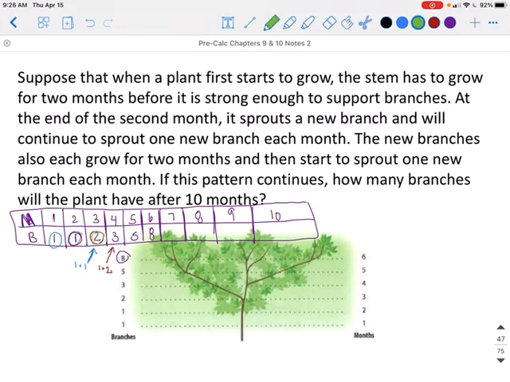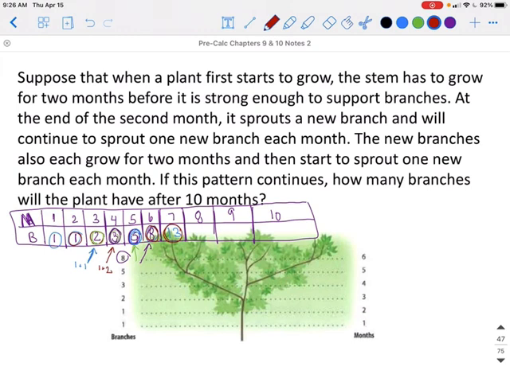If we take the two previous answers here, 2 plus 3 is going to give us the 5 that we have here. Then 3 plus 5 gives us 8. So to get to the next one, if we do 5 plus 8, that tells us on month 7 you should have 13.